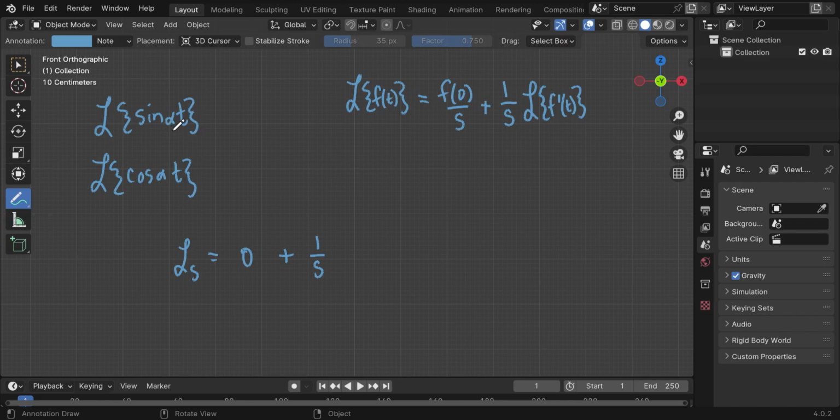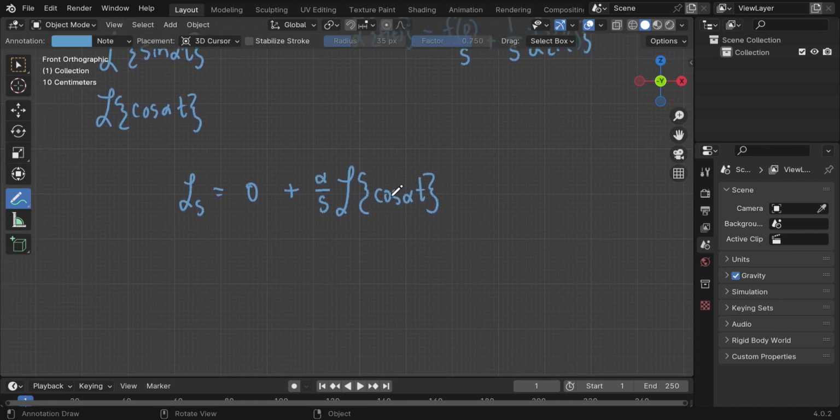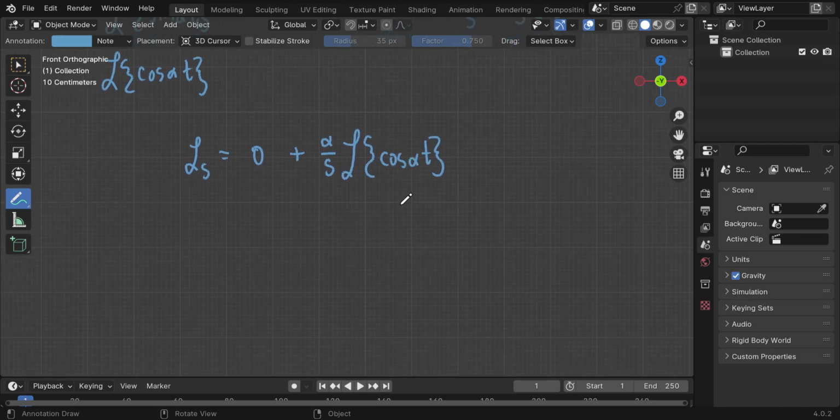In this case, the derivative is alpha times cosine alpha t, so I'm going to bring out the constant, and I'm going to rewrite this as cosine alpha t. So in order to solve for the Laplace of the sine, we have to know the Laplace of the cosine.